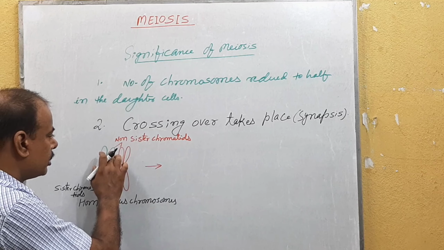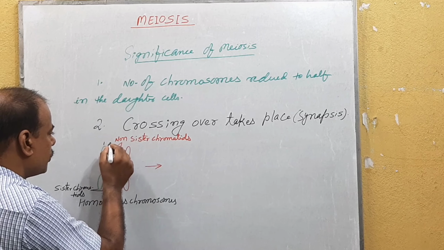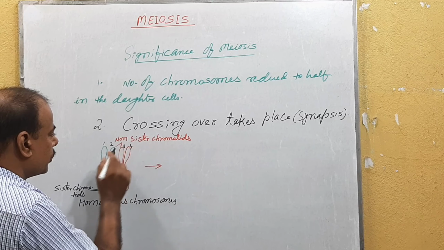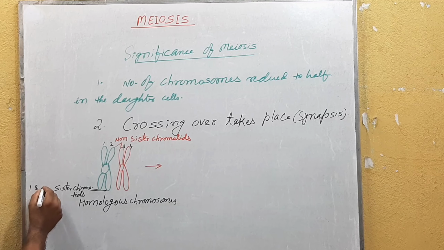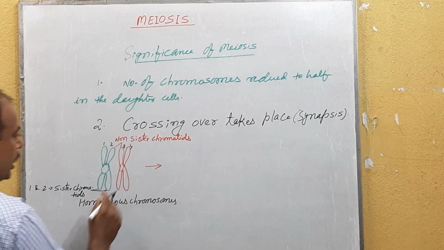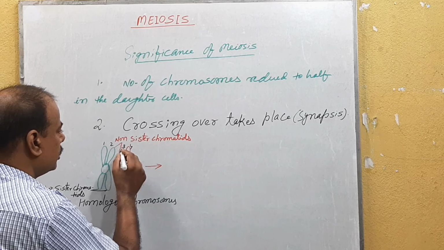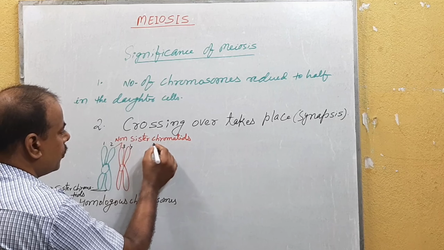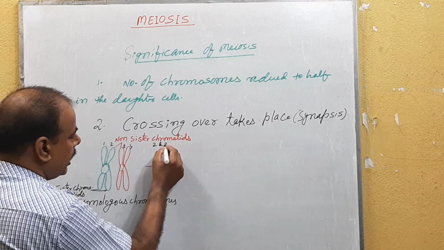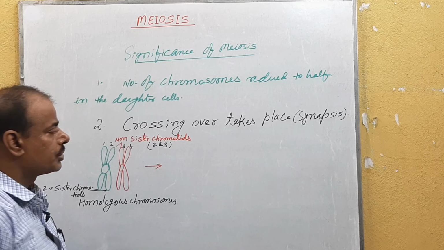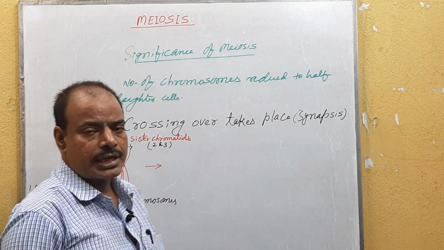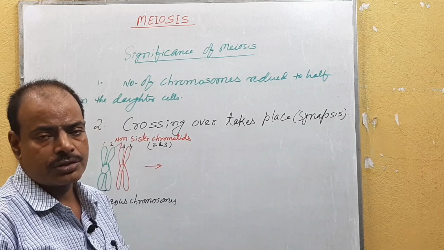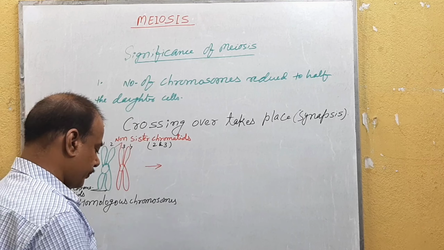Here suppose this is 1, 2, 3 and 4. Here 1 and 2 are sister chromatids, whereas 2 and 3 are non-sister chromatids. And genetic material gets exchanged between these two, meaning non-sister chromatids.